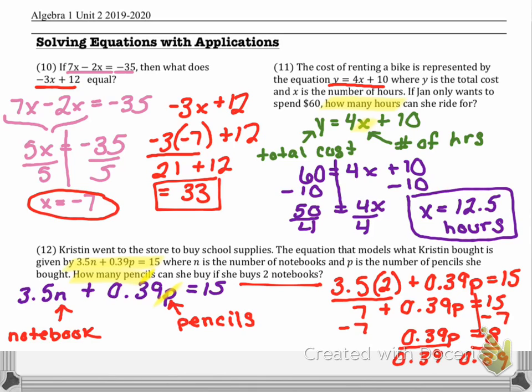8 divided by 0.39, let's see, I got a decimal. When I put that in my calculator, it gives me a decimal that keeps going. So let's talk about that. It gave me 20.51282.